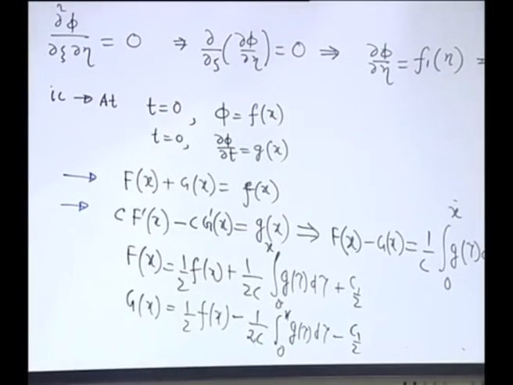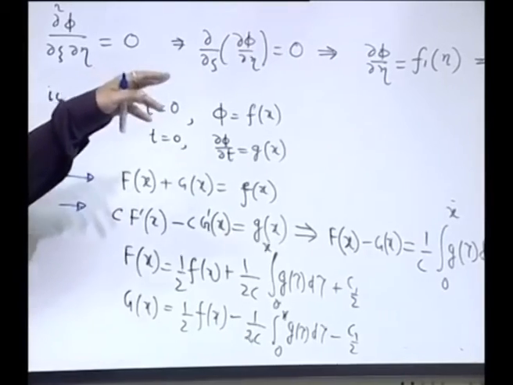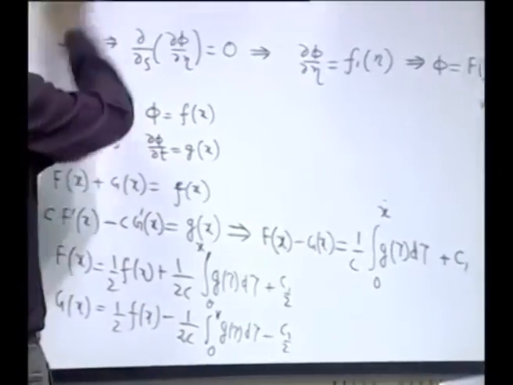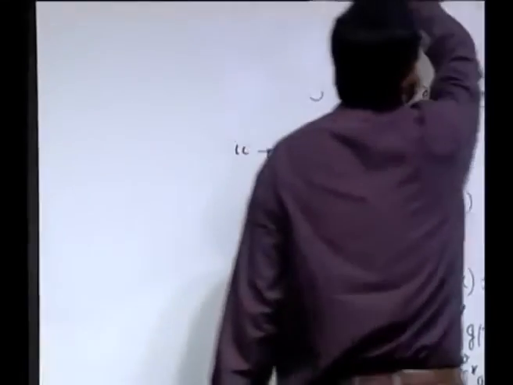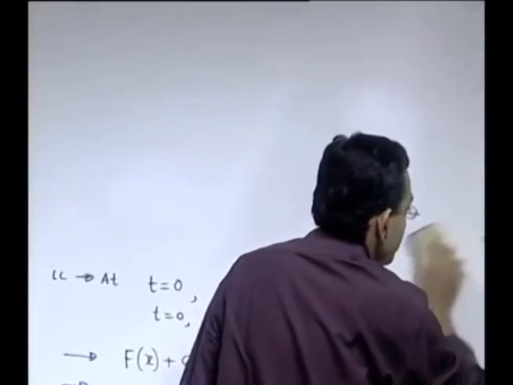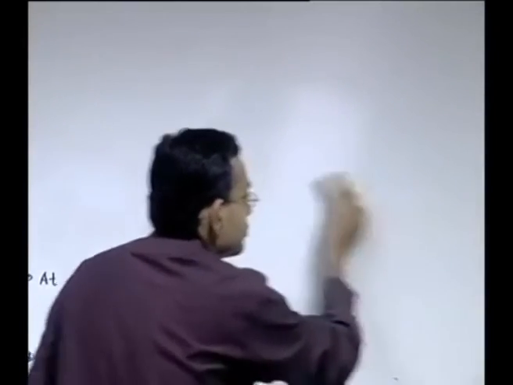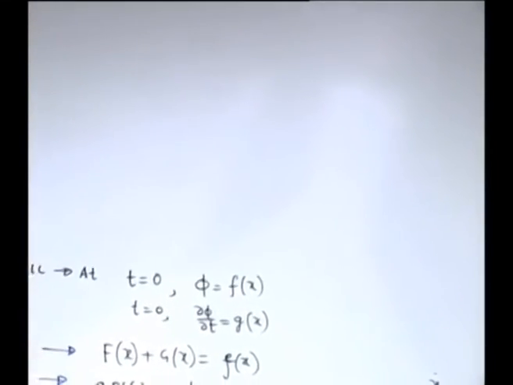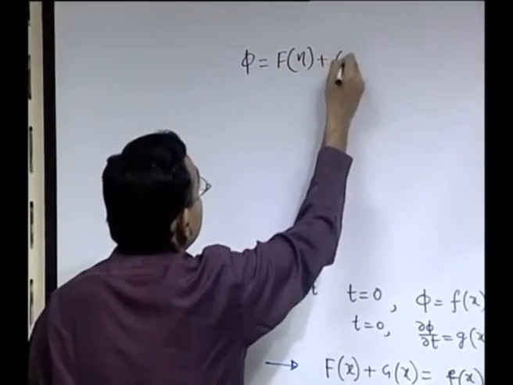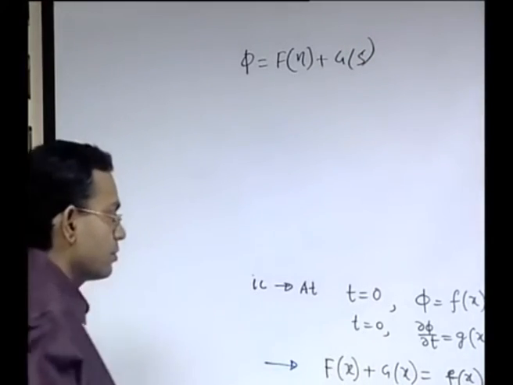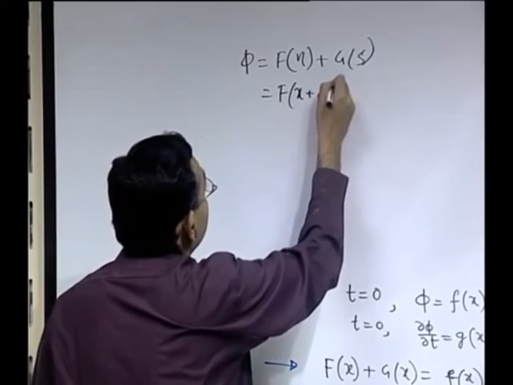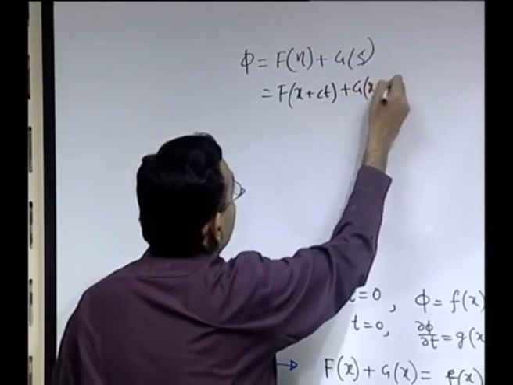The solution is not fx plus gx but f eta plus g zeta. So let us write the solution. So that is f x plus ct plus g x minus ct.